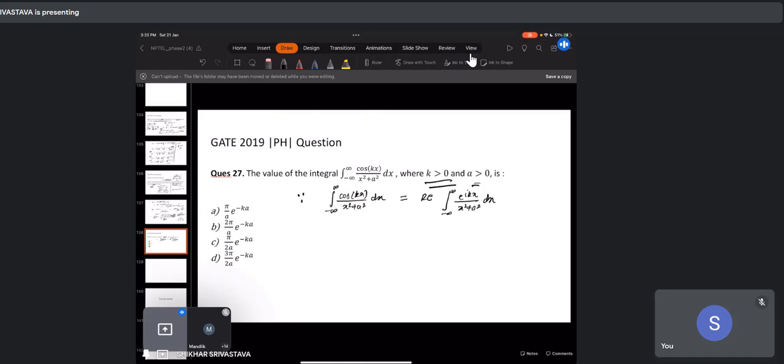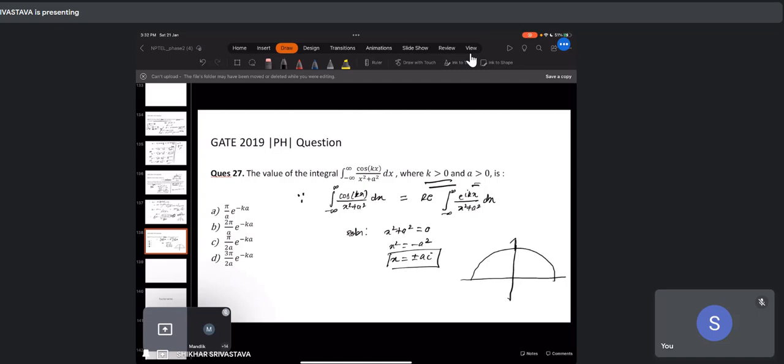Now you find the poles. The poles satisfy x square plus a square equal to 0, so x square is equal to minus a square, and x is equal to plus or minus i a. So these two are the poles. For this kind of integral, you construct a semicircle on the positive side.